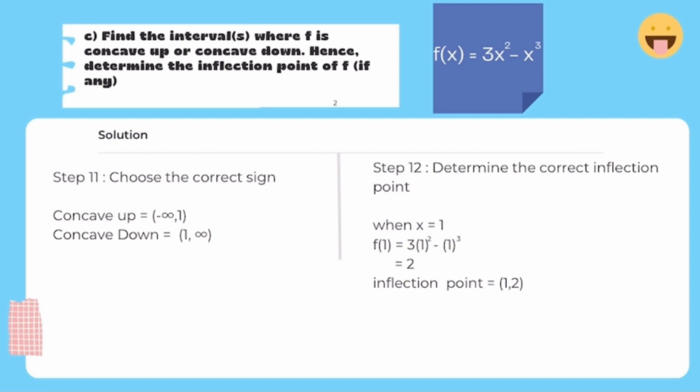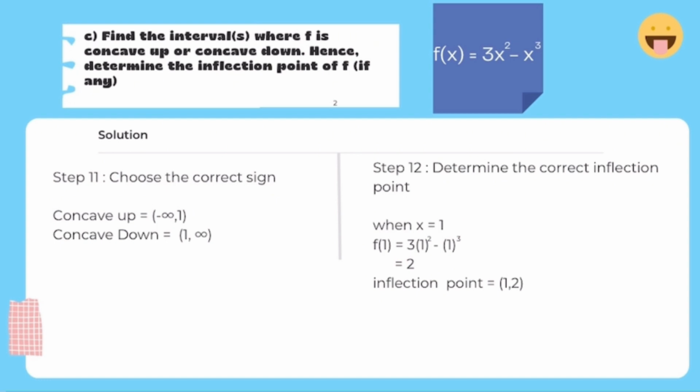Alright, so step 11 is to choose the correct sign. If the sign is positive, it will be concave up, which is from negative infinity to 1, while for a negative sign it will be concave down, which is from 1 to infinity.